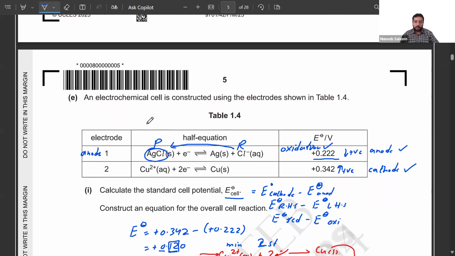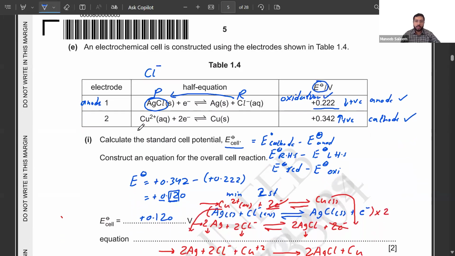It contained the Cl negative. So whatever standard electrode potential was given for AgCl must also apply for the same KCl compound.